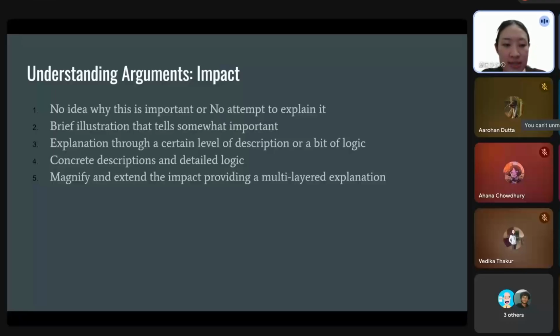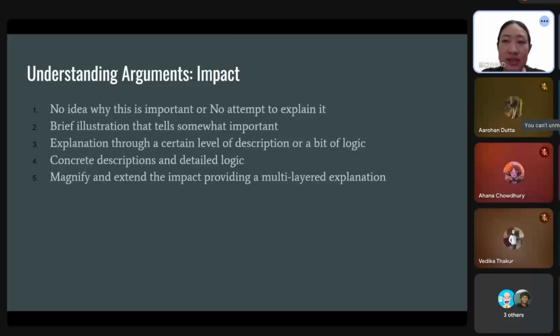The second thing is a brief illustration that tells it is somewhat important. For example, water pollution, air pollution happen, desertification happens. This is a bit more concrete explanation of what is actually likely to happen.